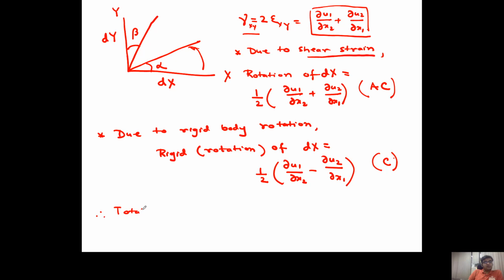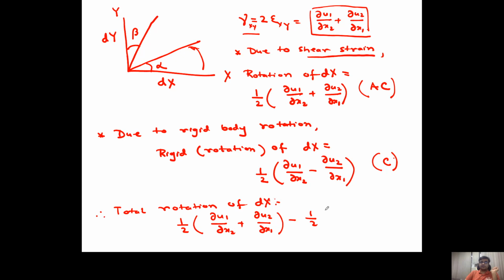So then, therefore, what is the total rotation of dx? Rotation due to shear plus rotation due to the rigid body part. Since they are in the opposite direction, we are going to subtract. So it will be half del u1 del x2 plus del u2 del x1 minus half del u1 del x2 minus del u2 del x1, and the final result is del u2 del x1.